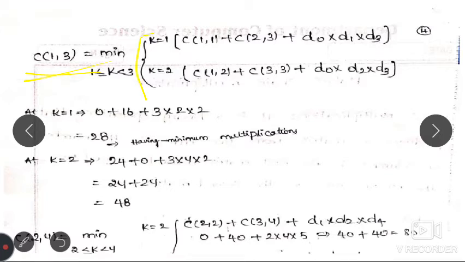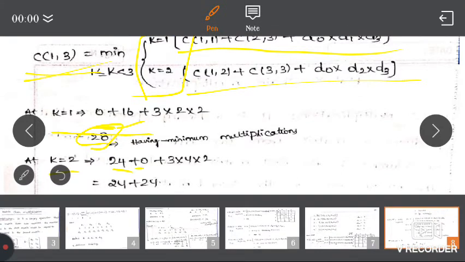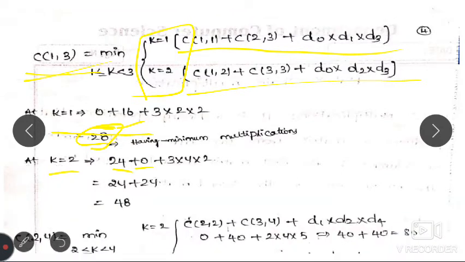Next, cost of 1 comma 3. There are 2 k values, k equal to 1 and 2. Applying the formula at k equal to 1, cost of 1 comma 1 is 0, cost of 2 comma 3 we already found, 16, in the previous page. Cost of 2 comma 3 is 16, d0 is 3, d1 is 2, d3 is also 2. So the total is 28 multiplications. For k equal to 2, cost of 1 comma 2 is 24, cost of 3 comma 3 is 0, d0 is 3, d2 is 4, and d3 is 2. 3 times 4 is 12, 12 times 2 is 24.